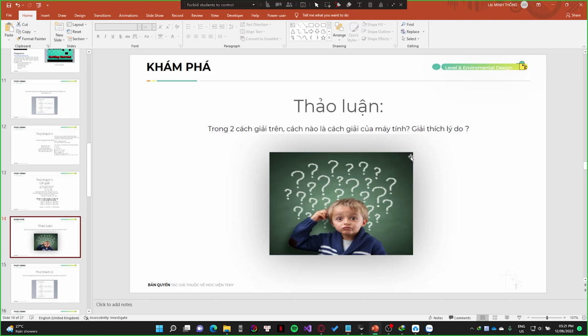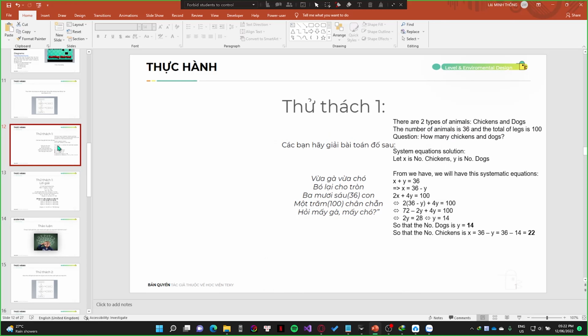It's very tricky to think about, because we don't know how the computer thinks like us. So do you know how the computer can solve that? Can the computer solve this question for us?